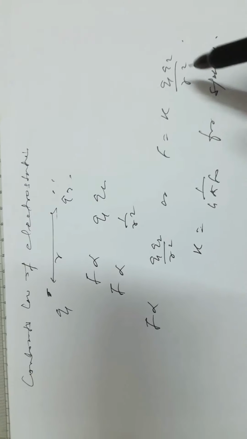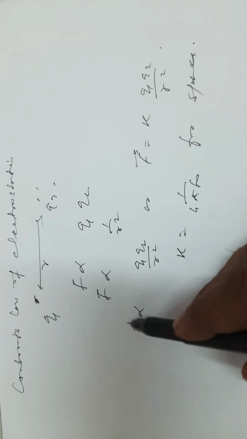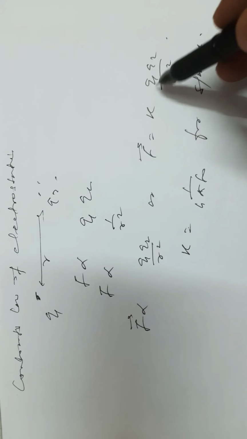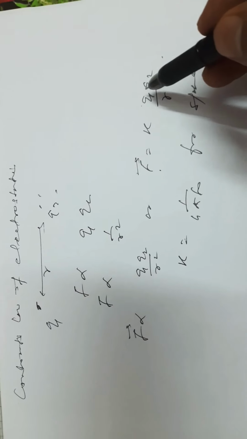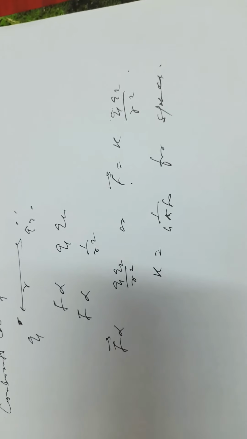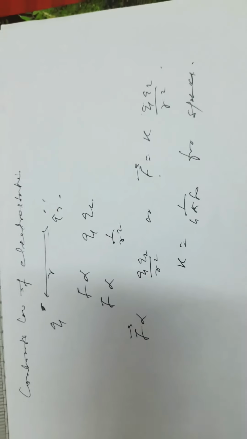So obviously, if Q1 and Q2 are positive, then this force will be repulsive. Again, if Q1 and Q2 both are negative, again it will be repulsive. But if these two charges are of opposite nature, then the force will be attractive.